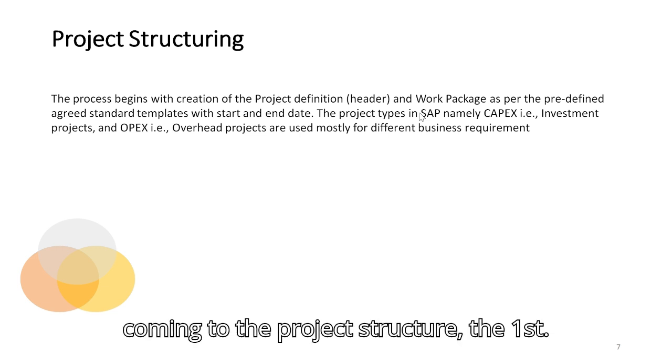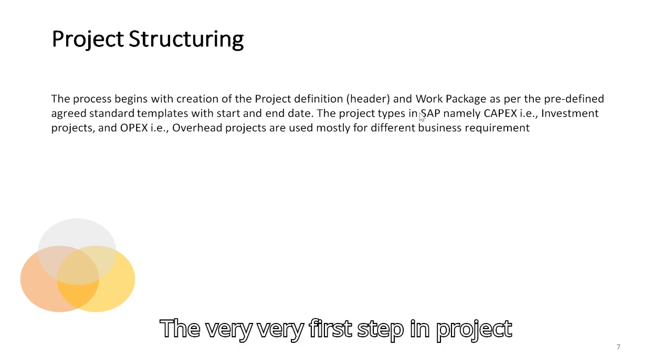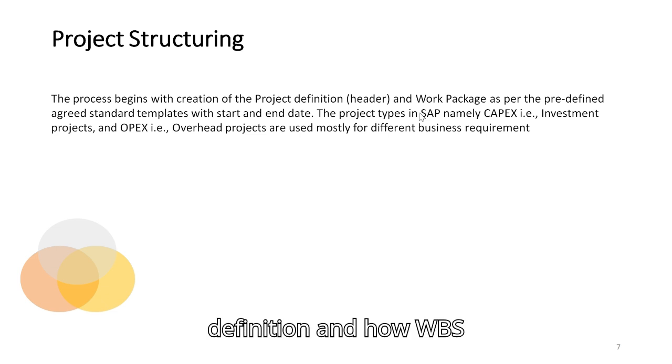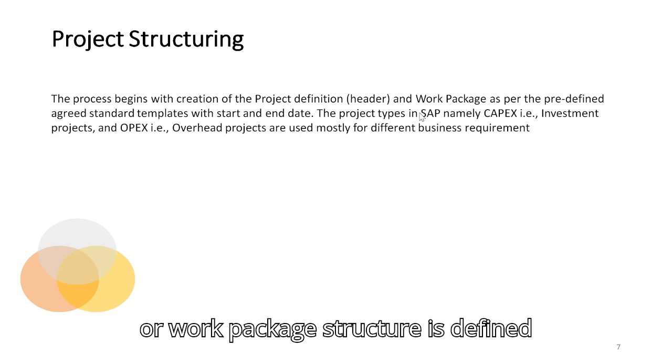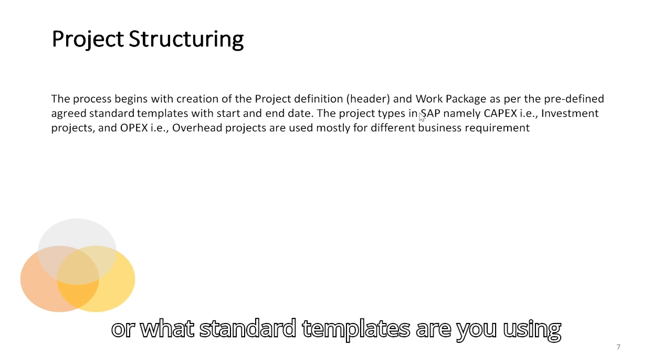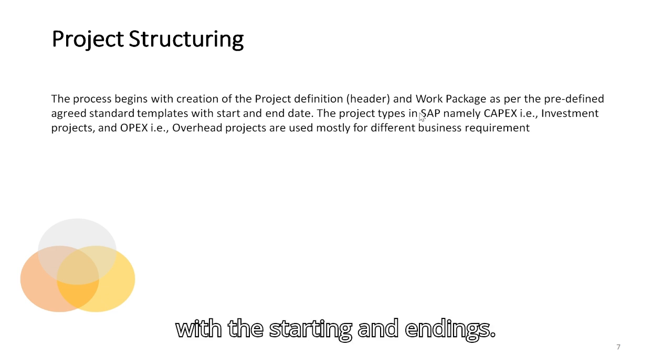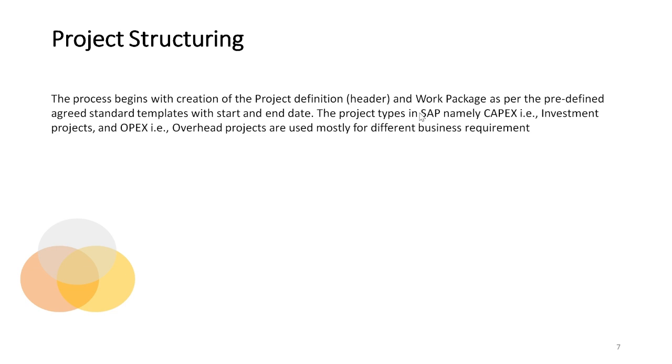So, coming to the project structure, the very first step in project structuring is creation of the project definition, and how the WBS or work package structure is defined, or what standard templates you are using to create the WBS or work package, with the starting and end dates.